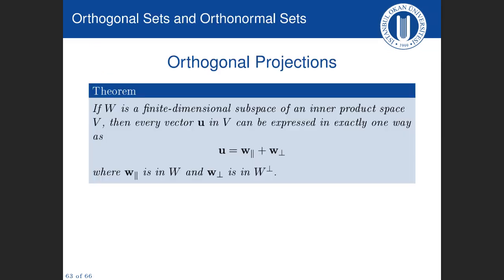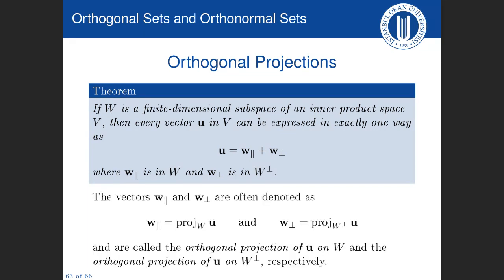And that brings us to the final concept for today's lesson: orthogonal projections. If W is a finite dimensional subspace of an inner product space V, then every vector U in V can be expressed in exactly one way as U equal to W parallel plus W perpendicular, where W parallel is in W and W perpendicular is in W, the orthogonal complement of W. That's the notation consistent with what I've been using earlier, but there's another way to write these.